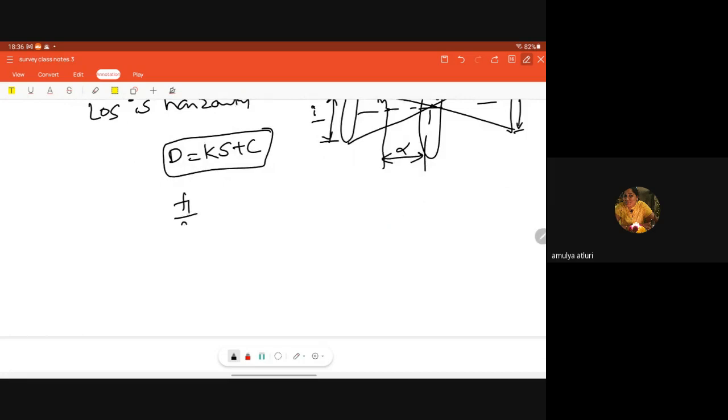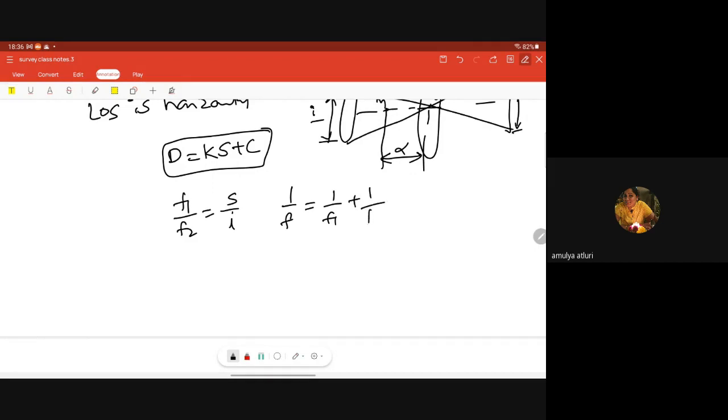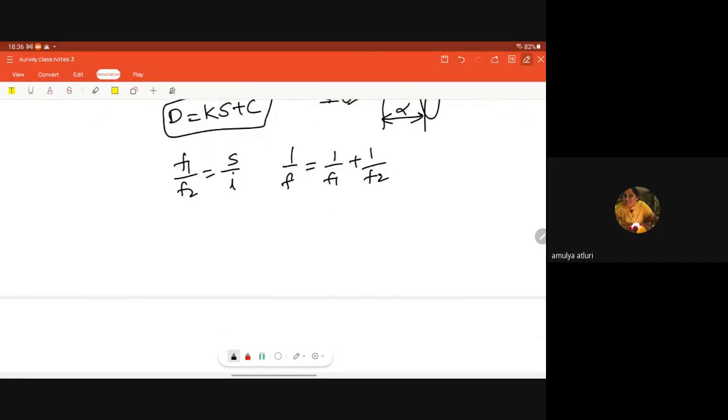We all know F1 by F2 is equal to S by I. From the optical lens formula, 1 by F is equal to 1 by F1 plus 1 by F2. This is from the similar triangles formula.